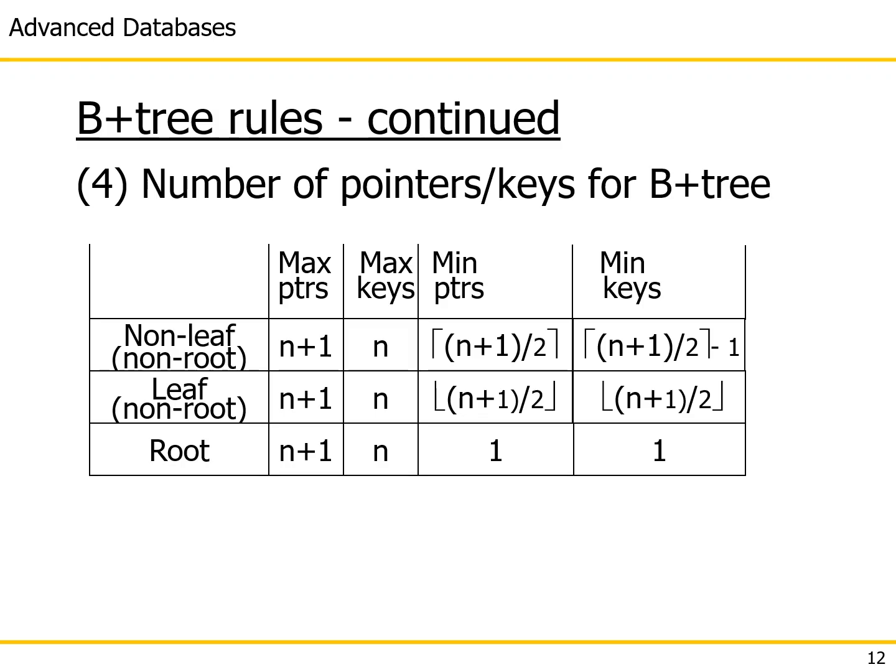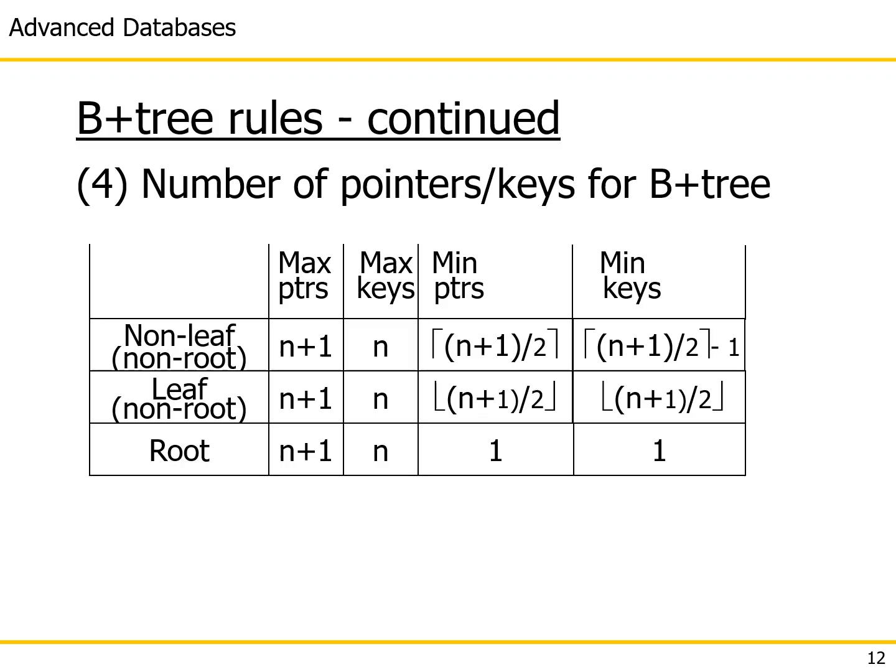So this is fixed for all the 3 types of nodes we would have: the root, the leaf, and the non-leaf. Now, the minimum number of pointers to the leaf and the non-leaf we've already discussed. It's for the non-leaf n plus 1 divided by 2 ceiled up, and for the leaf is going to be n plus 1 divided by 2 floored down.